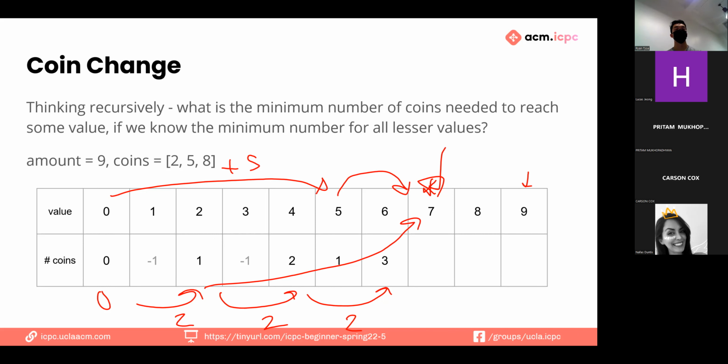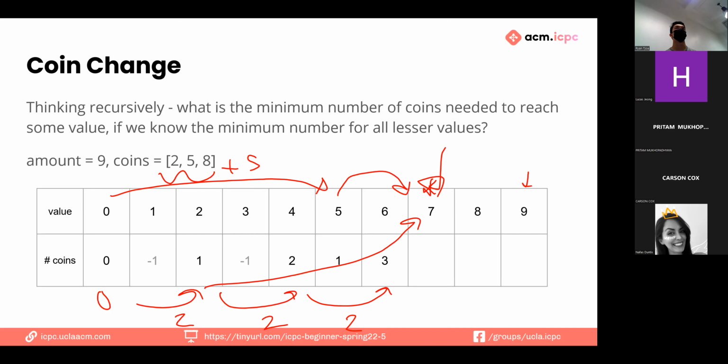More generally, we must come from one of these 3 denominations of coins. So we can look at, for each coin, where we would have come from if that's the last coin we're adding in order to reach 7, and then how many coins we need in that last step.